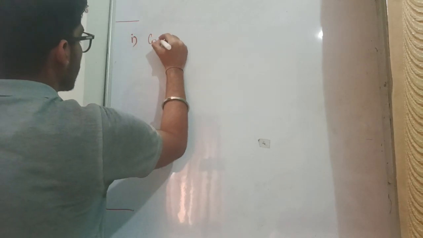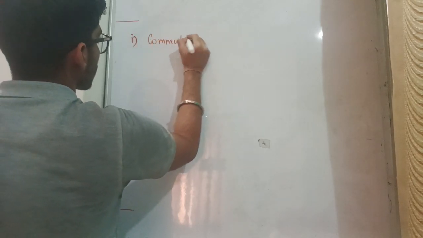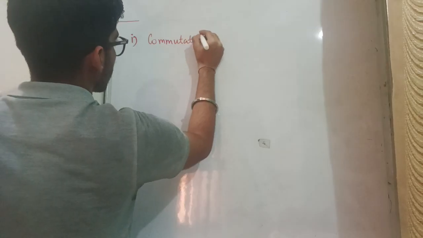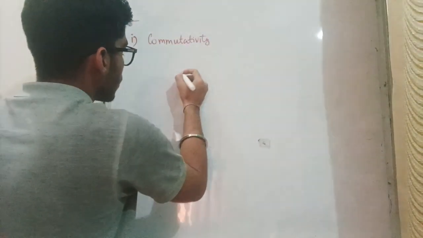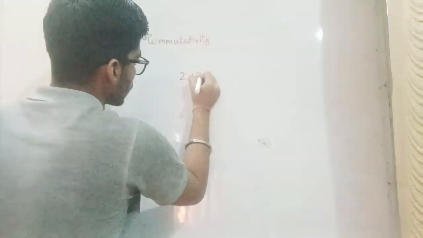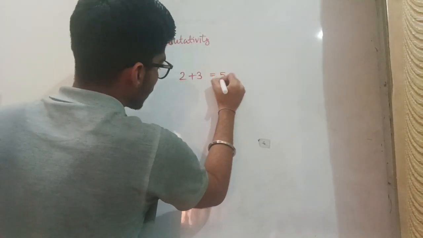The first property of matrix addition is commutativity. Now, if you remember from your prior classes, we have studied that addition of two numbers is commutative. Like 2 plus 3, we know, is 5.